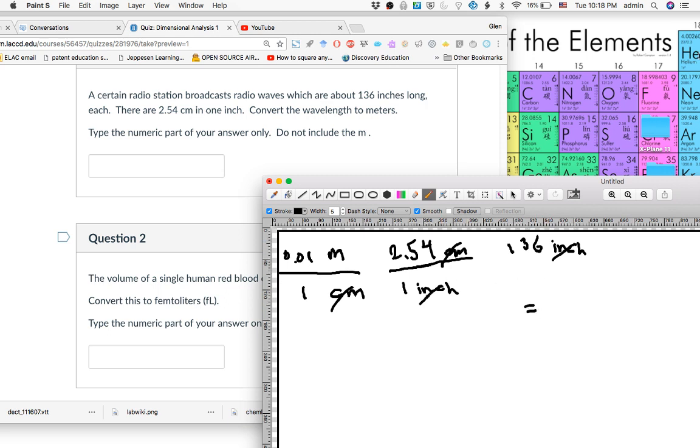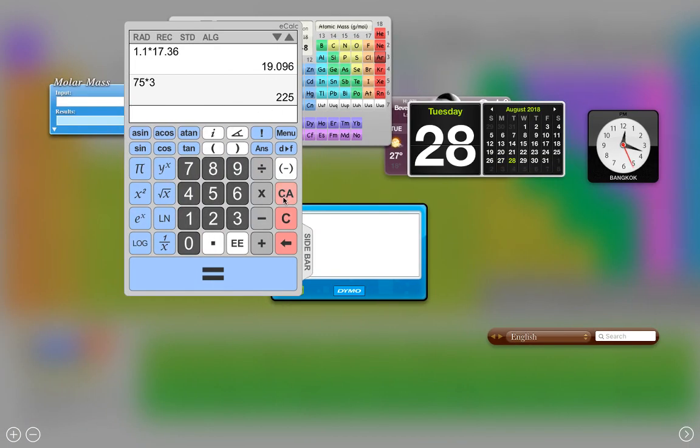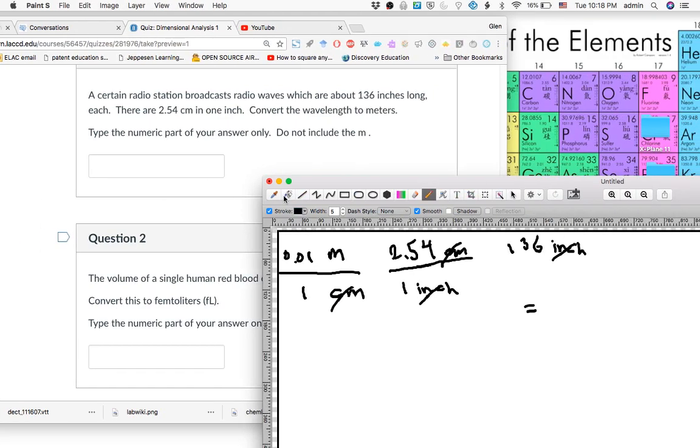It is 2.54 times 136 times 0.01, and that's 3.4544, and the units are meters.